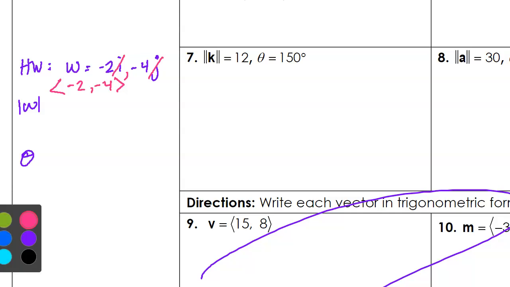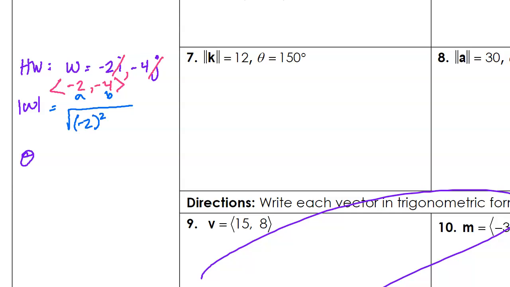To find magnitude, you learned last class, when it's in component form, you just take your a value and b value, and you do Pythagorean theorem, with your a term squared plus your b term squared, all square root.